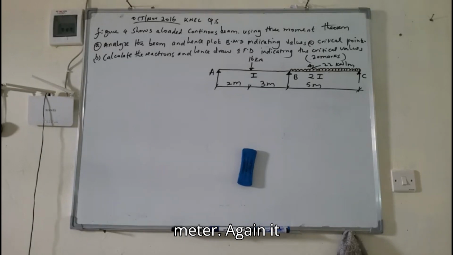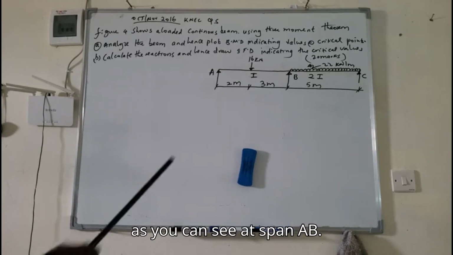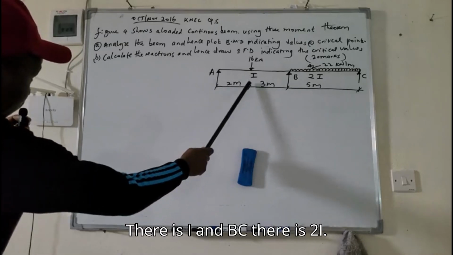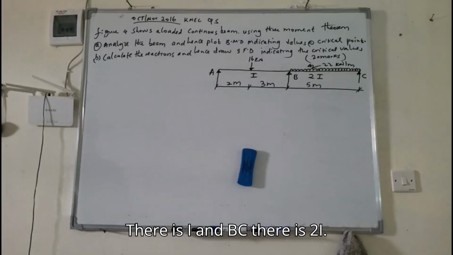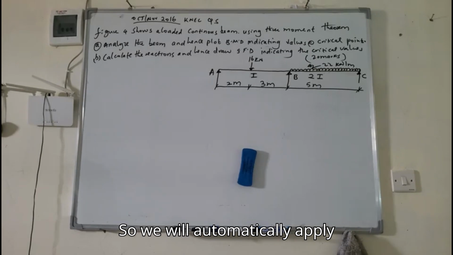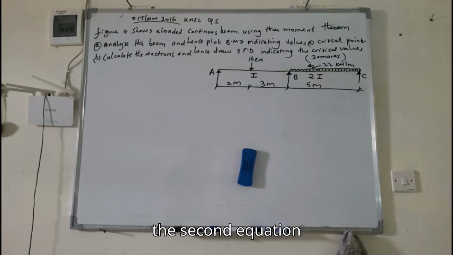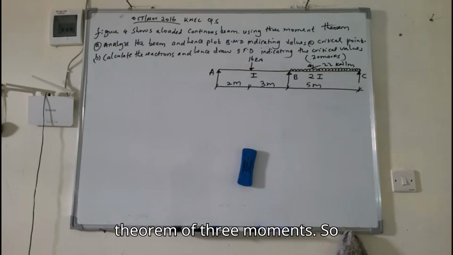Again, it has varying EI. As you can see, at span AB there is I, and at BC there is 2I. So we will automatically apply the second equation of Clapeyron theorem of three moments.